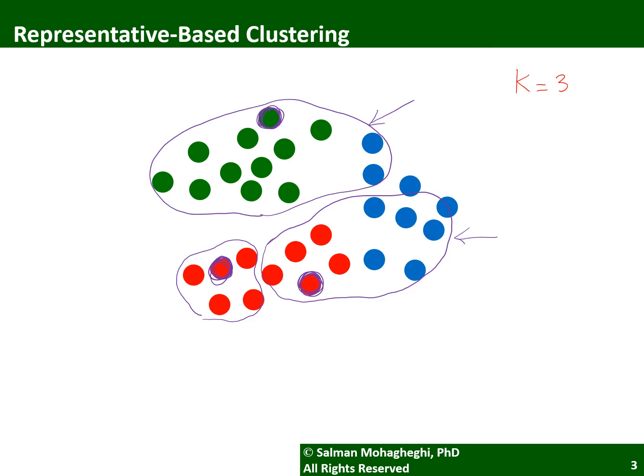Let's take a look at the cluster at the top. If I want to find a point in this space which has the least amount of distances with all the other data instances, again, as an example, let's say it would be this point here, right? And if I do it for this cluster, it would be this guy, and let's say for this cluster, it would be this guy.